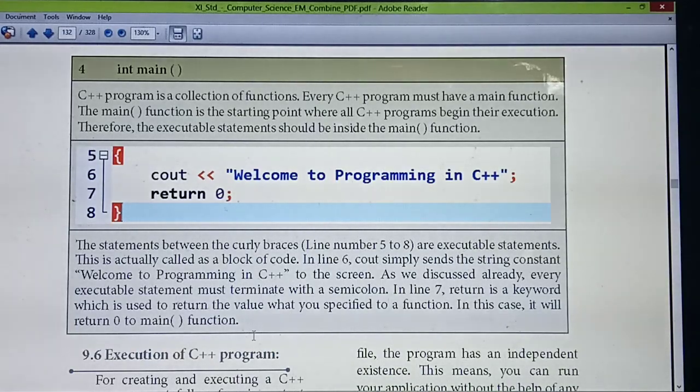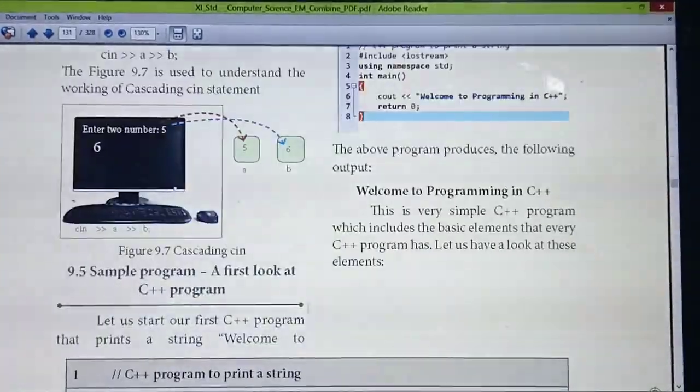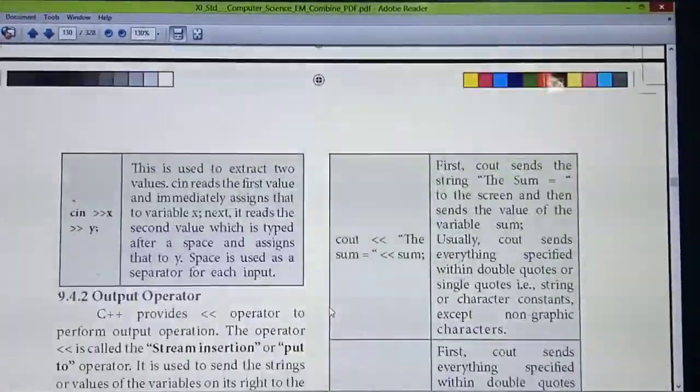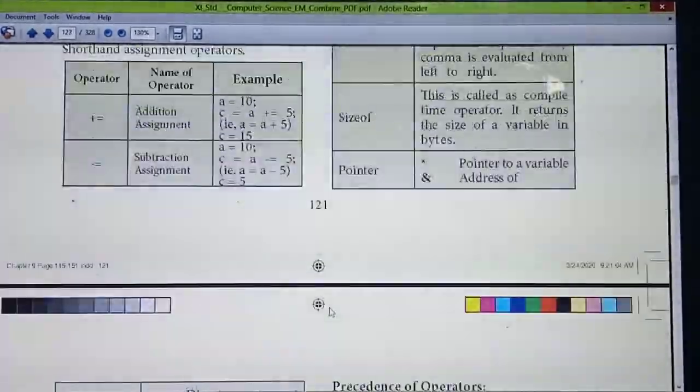Have you all marked? Then detailed question: write about binary operators used in C++. Take page number 120. Very, very important question.